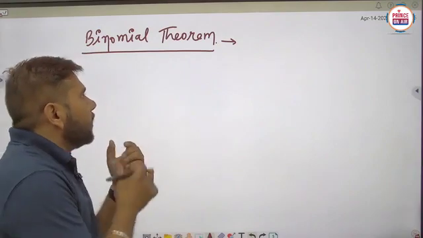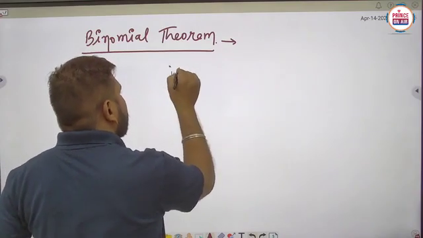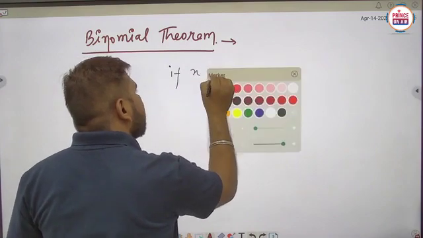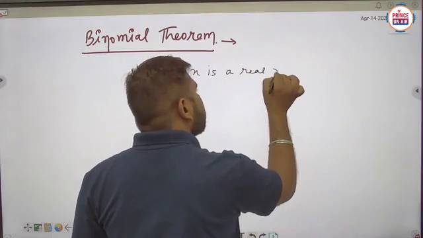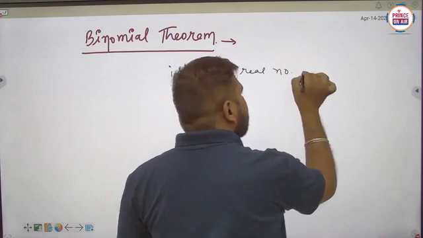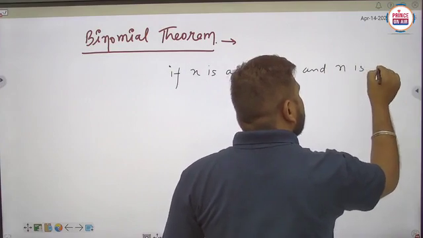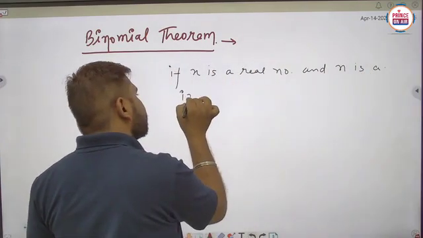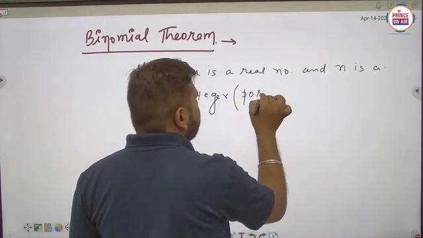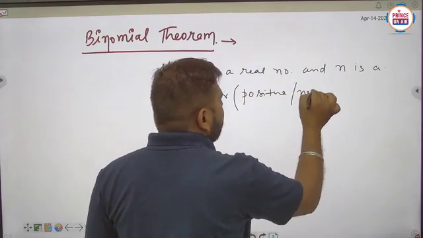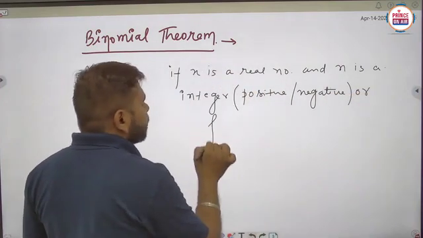So, first of all, if x is a real number and n is an integer, may be positive or may be negative, or fraction.